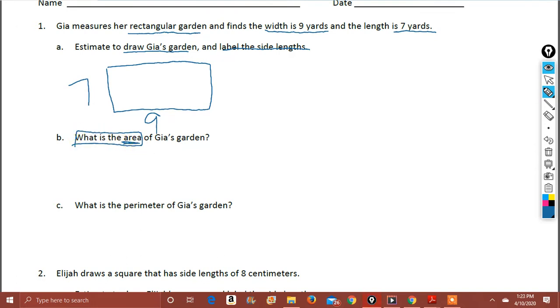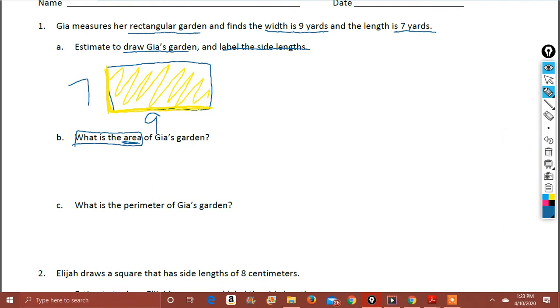Now, it's been a while since we've worked with area, but if we think back to everything that we have talked about, area is when we multiply the two side lengths that touch to make a corner. Because area will then tell us how much space the shape or the figure covers. So, let's go back. Let me get my color again.